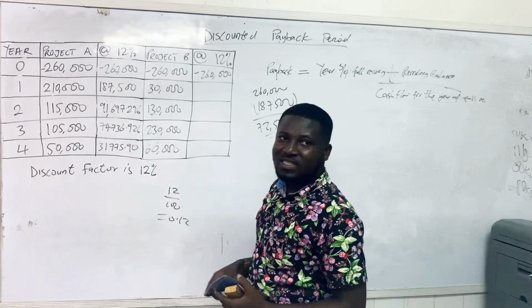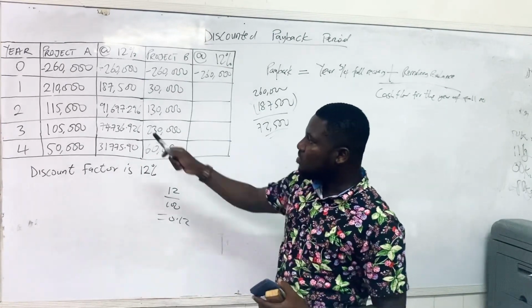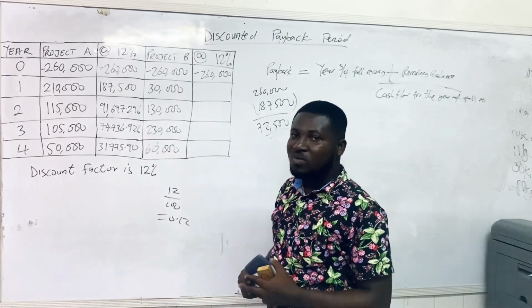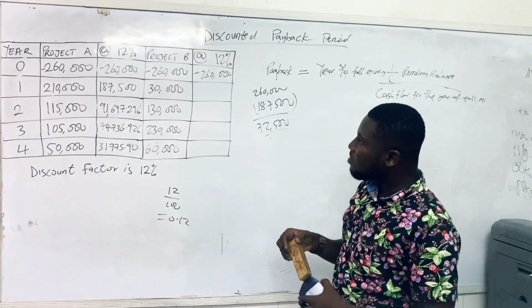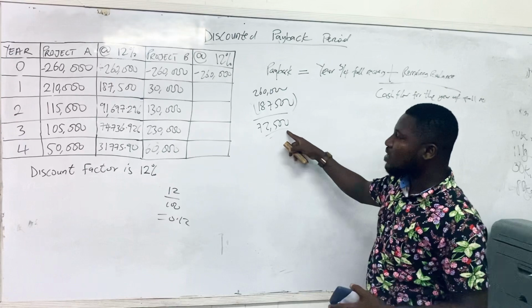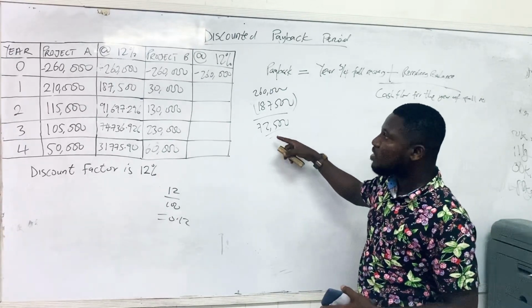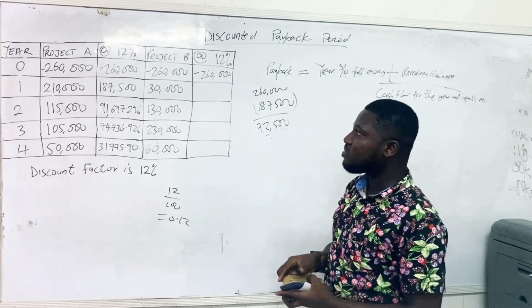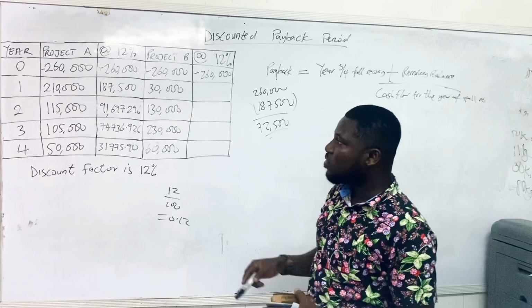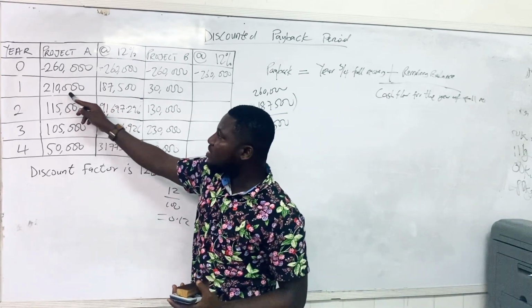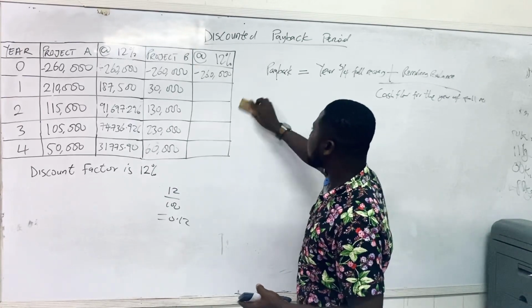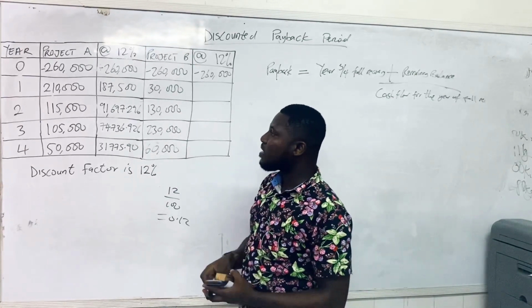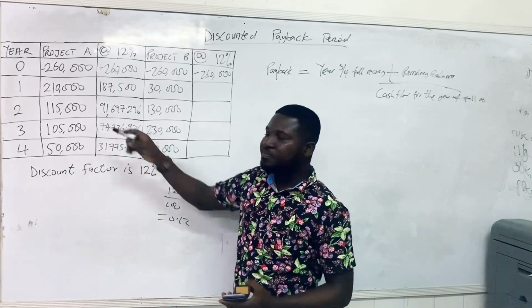Now, our second year's discounted cash flow is 91,000. But we only need 72,500 to be able to recover our initial investment of 260,000, which means the first year becomes the year before full recovery, because we are going to make our full recovery in the second year.